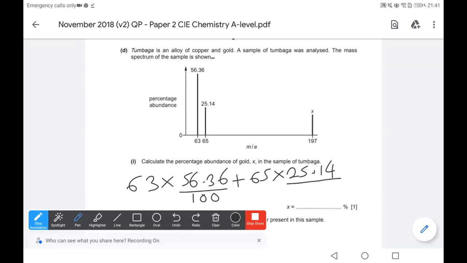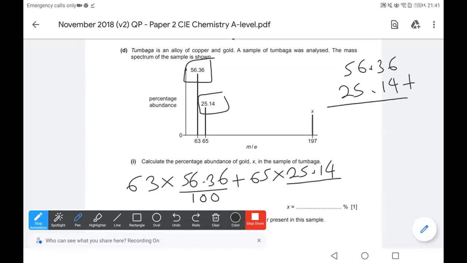We should take the total, isn't it? 56.36 plus 25.14 is 81.5.